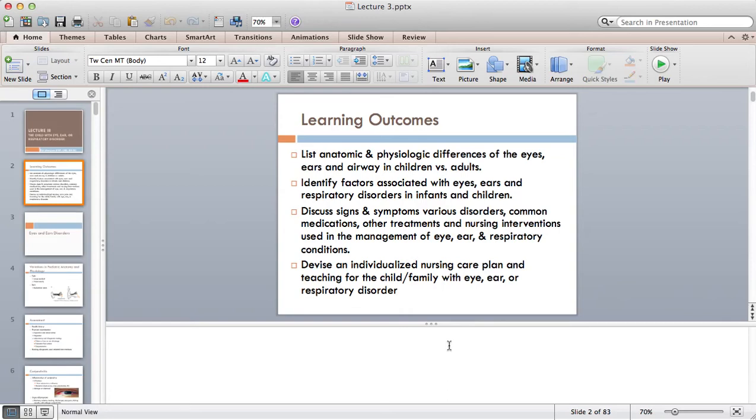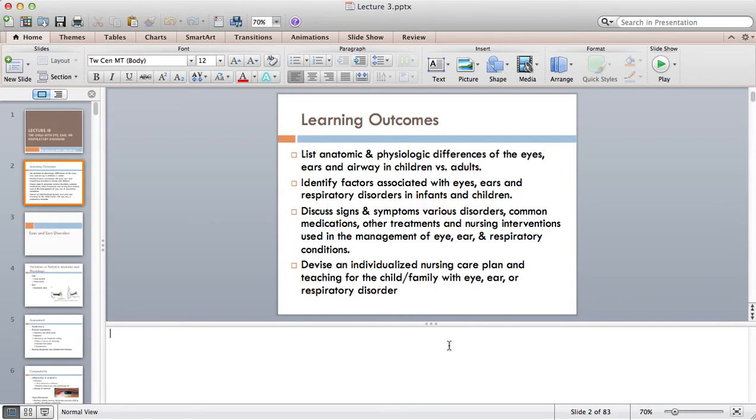You will notice that some of those are different between adults and children. We discuss the signs and symptoms of respiratory problems or eye problems, and then you'll be able to use the information to plan care for a child and or teach the child and the family how to take care of that problem.